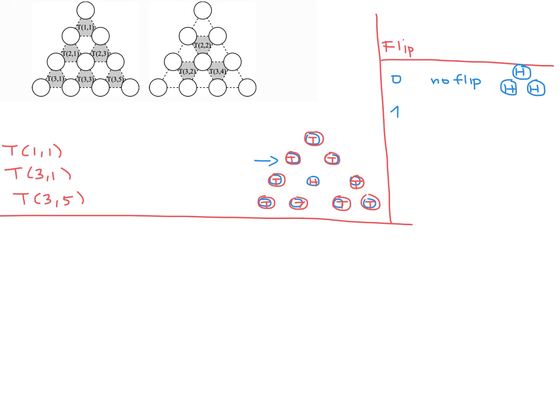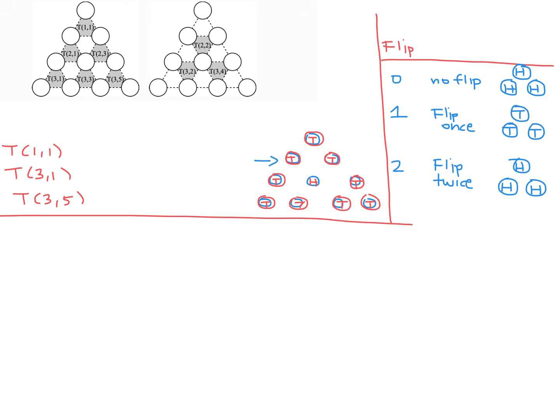If we have one flip, one flip once, then this becomes a T scenario, correct? And then if you flip twice, then we go right back to head, correct? If you're doing the same coins.